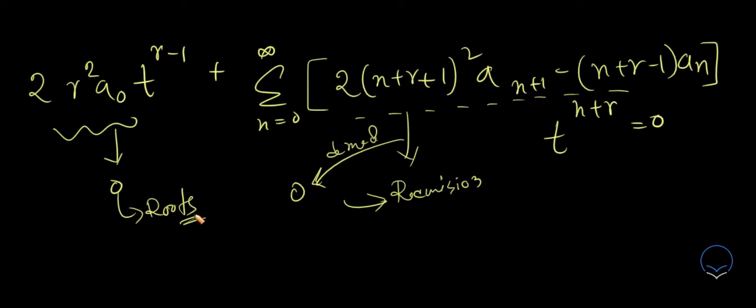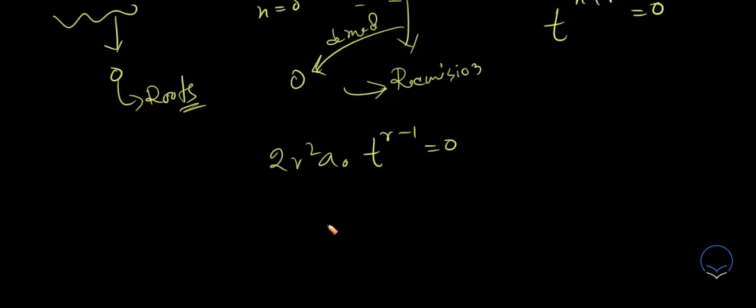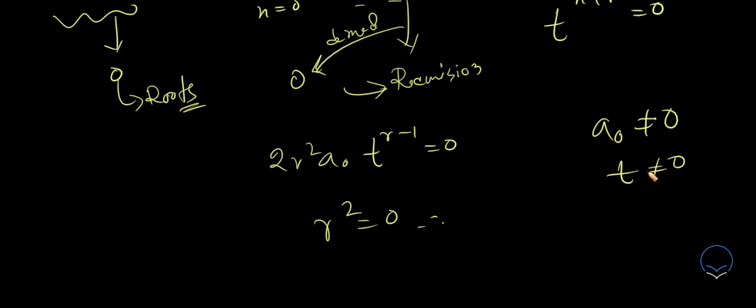So if you just put this term, 2r square a0 t to the power r minus 1 equals 0, and you demand also that t is not 0, because t equal to 0 means the trivial solution, right? So you will get r square equals 0, and a naught is also not 0, and t is also not 0.